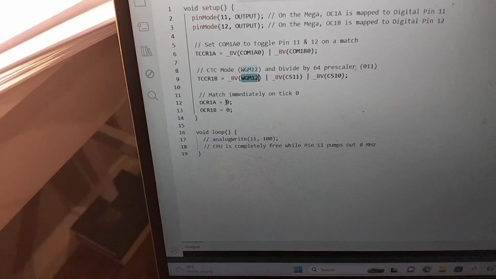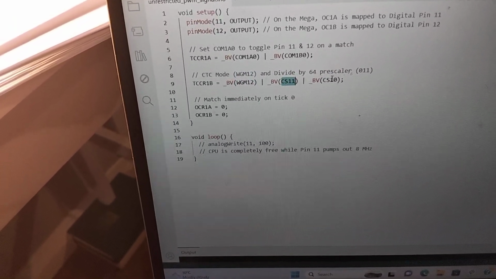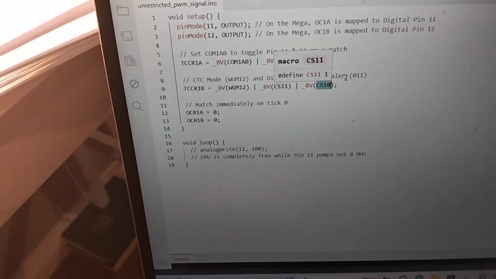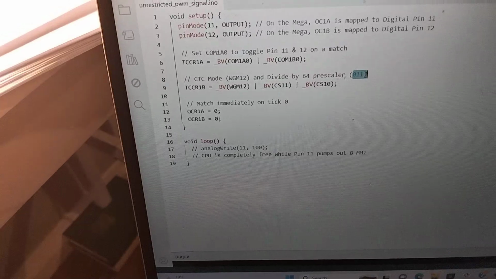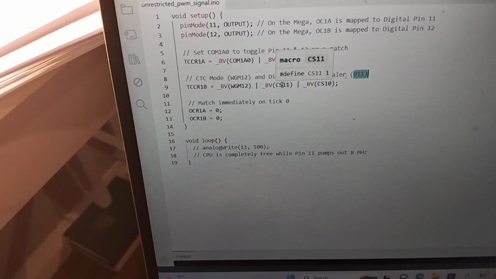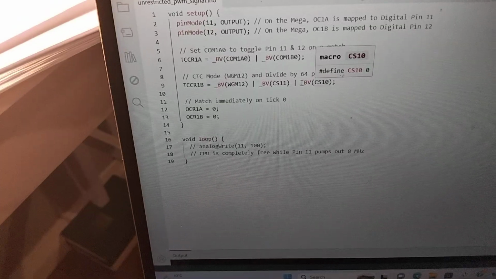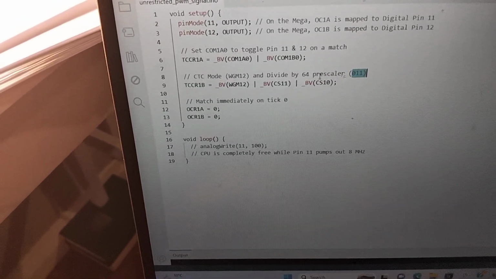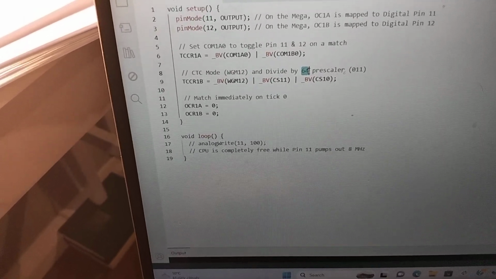because it's met the checking condition. And then these two are basically prescaler values, and I set the prescaler bits to 0, 1, 1. So these two bits, I think it's the 2nd bit and the 1st bit. Yeah, so it's bit 0 and bit 1. 0, 1, 1 defines a 64 prescaler.